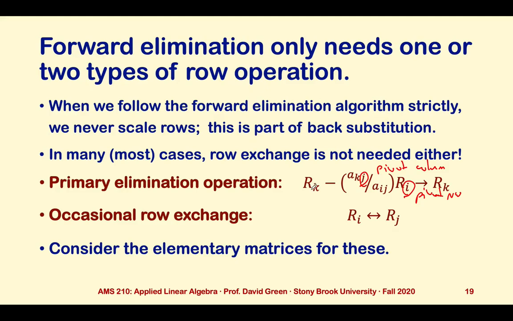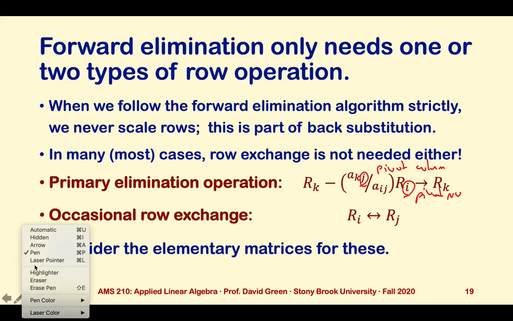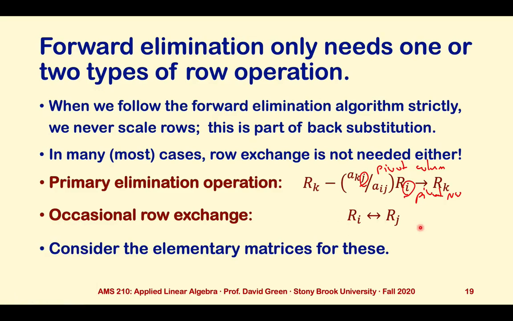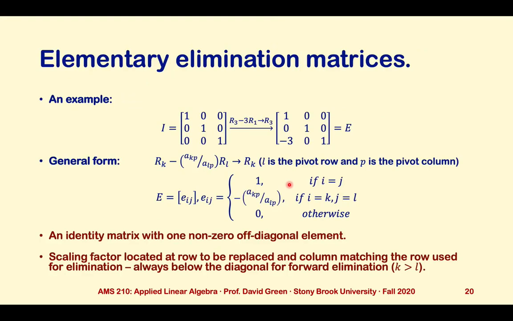This is our primary driver of forward elimination, and occasionally, in some cases, we may need to put a row exchange in place also. So let's focus on the elementary matrices for these two operations only, initially focusing on the first one, which is the most significant one for elimination.